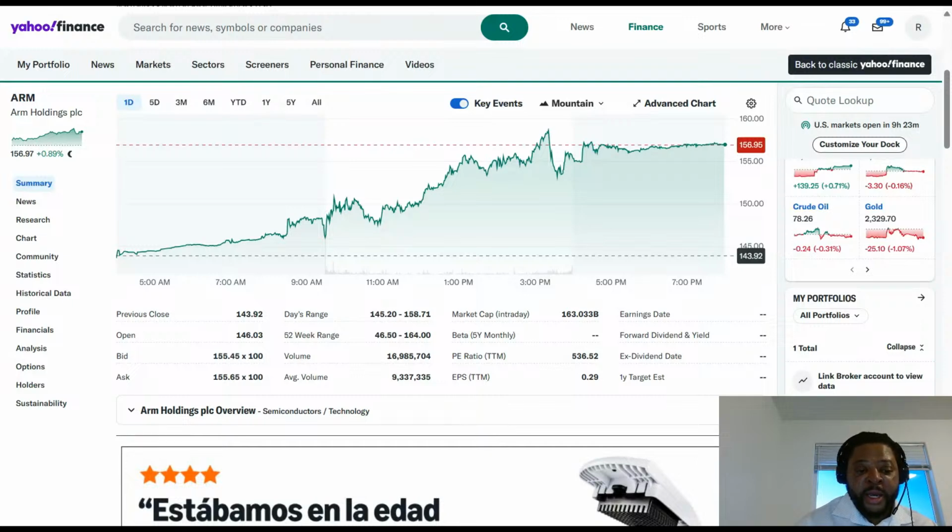The bid is for the buyer: the buyer is saying they want to pay $155.45. The ask is the seller, saying, "Well, I'm selling it for $155.65."